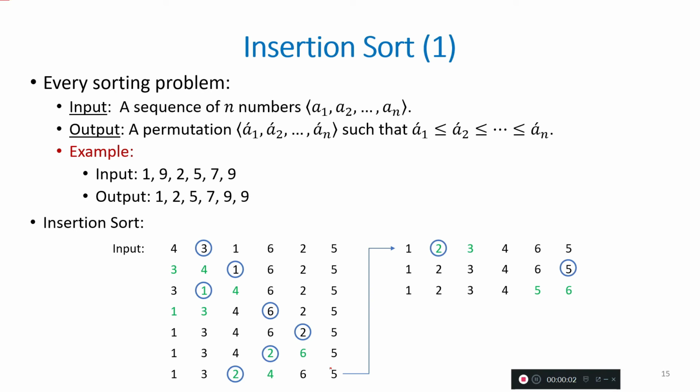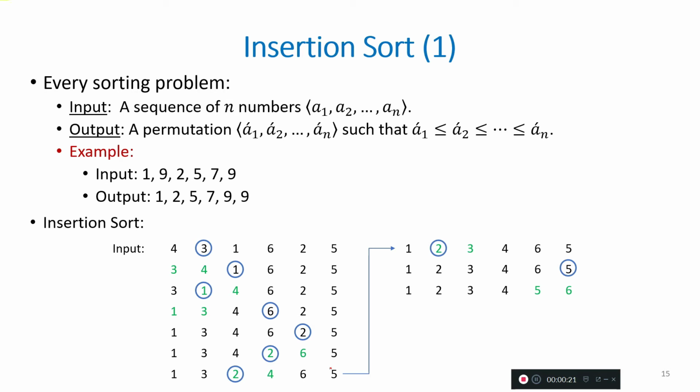Now it's time to actually understand how each of these two algorithms work. First, let's begin with the insertion sort. In any sorting algorithm, what you are given is a sequence of n numbers, which over here we denote as A1, A2 until An.